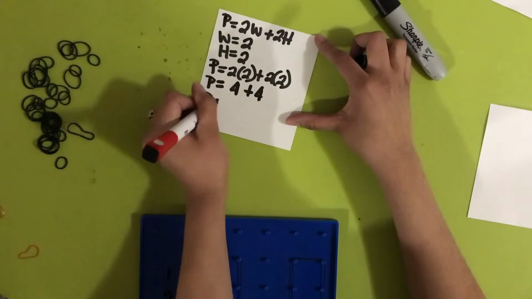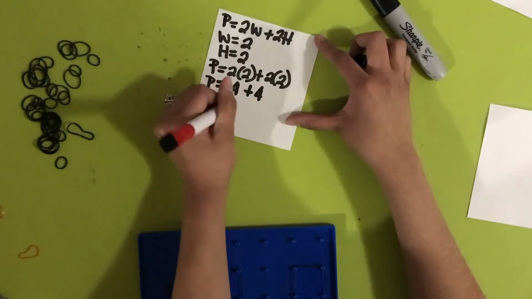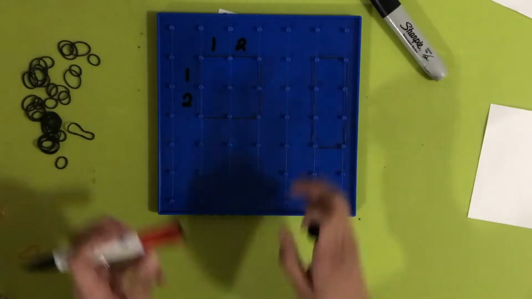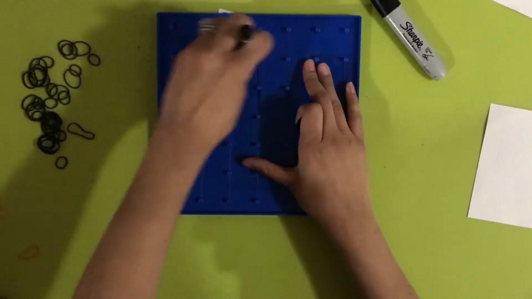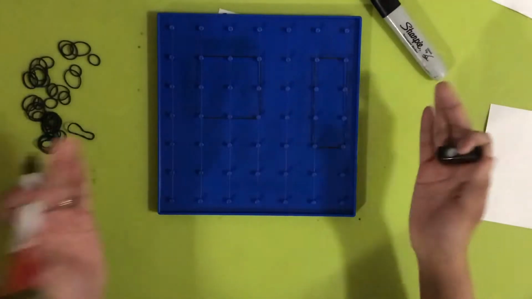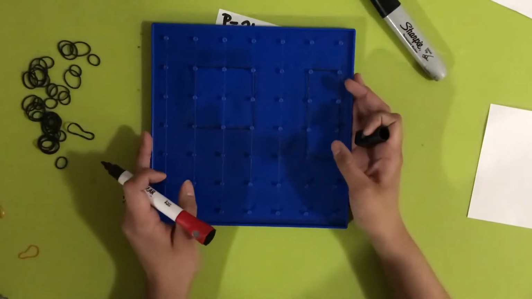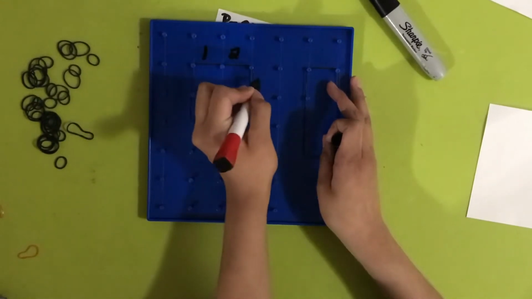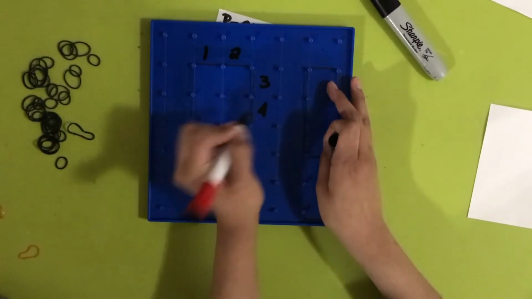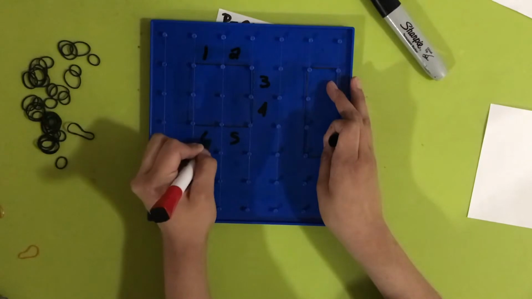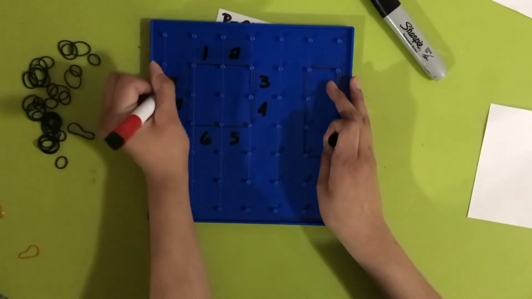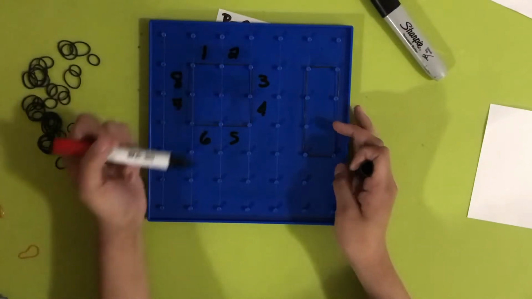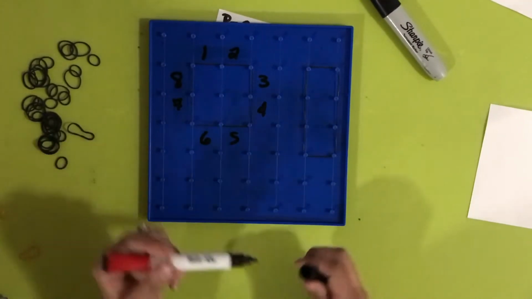That gives us a perimeter of 4 plus 4 equals 8. We can also simply count our spaces on our geoboard. 1, 2, 3, 4, 5, 6, 7, 8. The perimeter of a 2 by 2 square is 8.